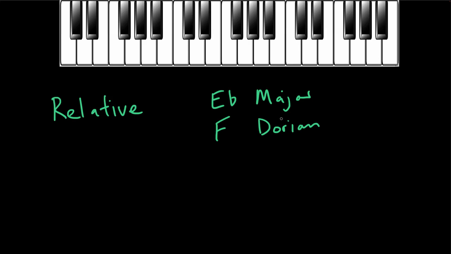So that's another reason why those two scales have a relationship, and we can build out the rest of our set of relative modes. E flat, F, G, A flat. Because don't forget this scale has an A flat and a B flat, C and D. And so the G is going to give us a Phrygian sound.